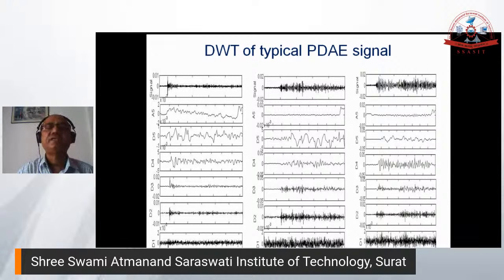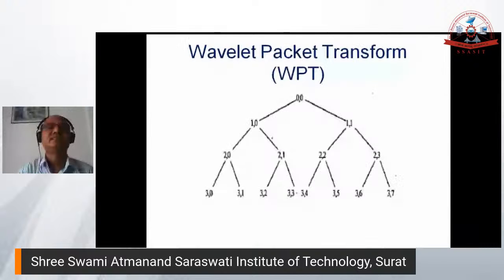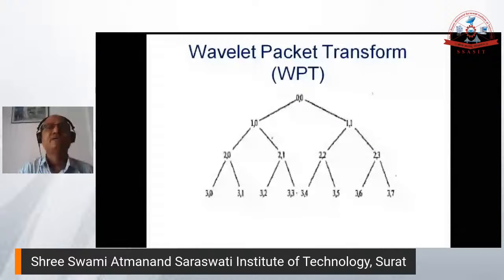You can have different decompositions in the discrete wavelet, and the PD acoustic emission signal can be analyzed. The wavelet packet transform is also used to analyze the signal. In the case of the discrete transform, only the approximation is decomposed. Here both approximation and details are decomposed, giving a different level of tree.